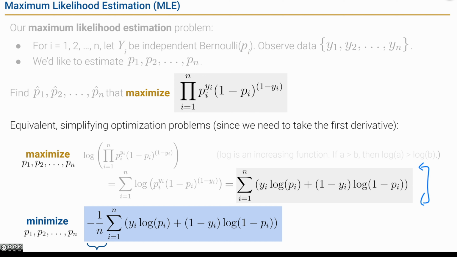This is giving you a little bit of a taste of what's coming ahead. Adding this little negative 1 over n out front and saying minimize is not going to change the p-values, p1, p2, pn that I would get. So it's just a mathematical convenience to get this in a form that I can think of as an average loss.